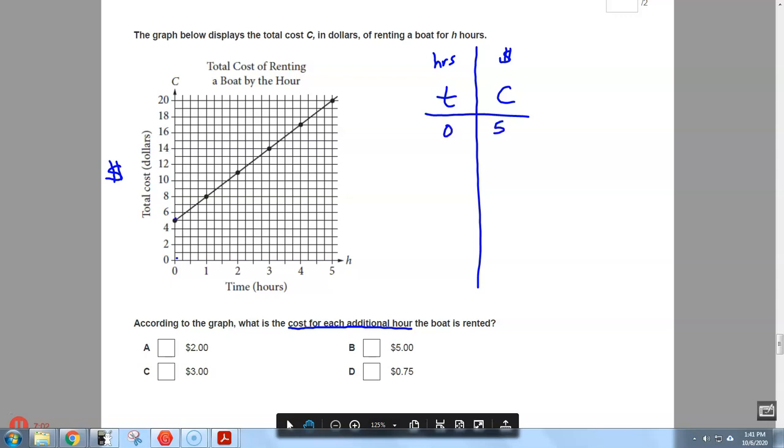That must just be $5 for the boat rental. Then at 1 hour, it's $8. At 2 hours, it's $11. So I can see that for every hour I rent the boat, it's an additional $3. So the correct answer here is C.